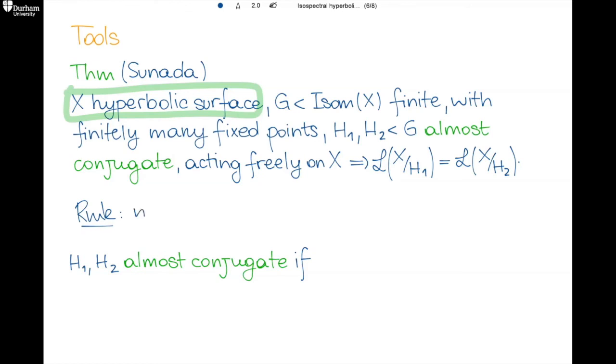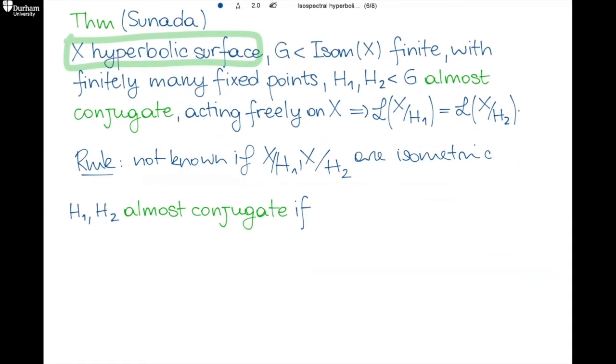So it is not known if X mod H1 and X mod H2 are isometric or not, and in general, they can be. So something you need to check when you apply this tool to find isospectral surfaces is that the surfaces are not isometric.